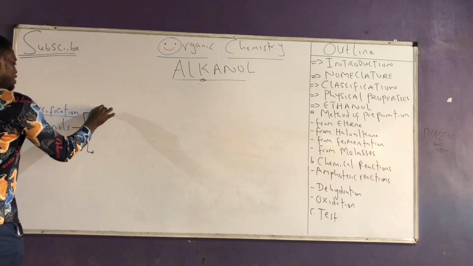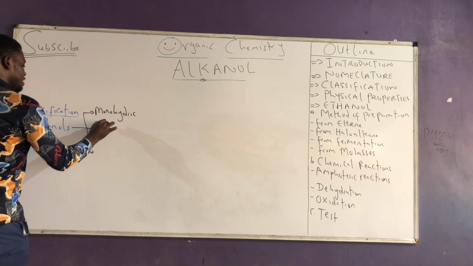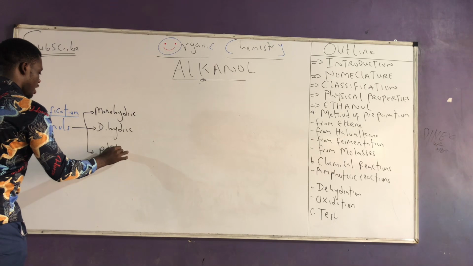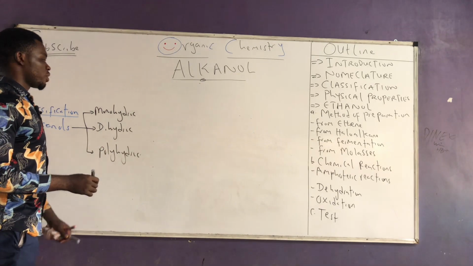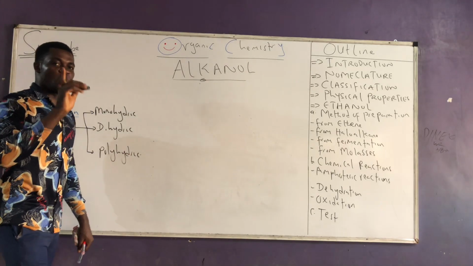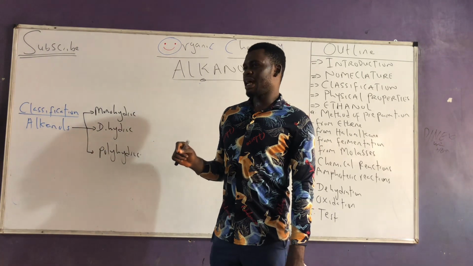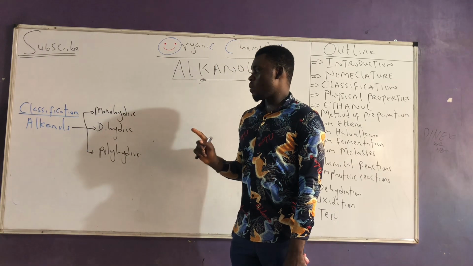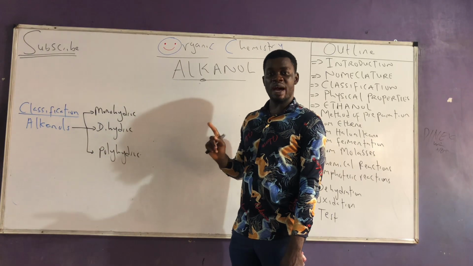We can have monohydric alkanols. We can have dihydric alkanols. And we can have polyhydric alkanols. Monohydric alkanols are simply alkanols that have 1 OH functional group per molecule. So if I look at the organic compound and I discover that it only has just 1 OH group, that organic compound is most likely a monohydric alkanol.